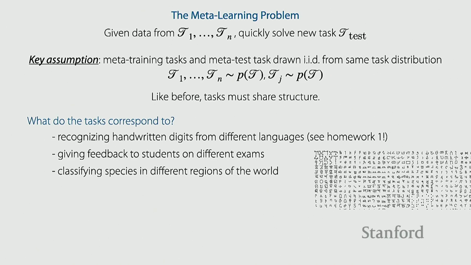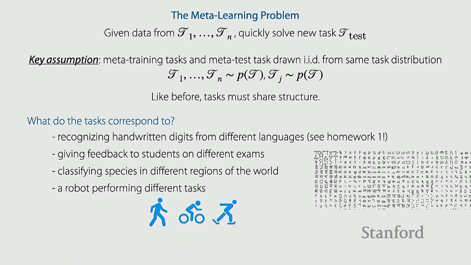We'll see an example of this in 2 lectures, I think. It could also correspond to classifying species in different regions of the world, where different regions correspond to different tasks. It could also correspond to a robot performing different tasks as well, where it wants to learn a new skill or a new task by leveraging experience solving previous tasks.